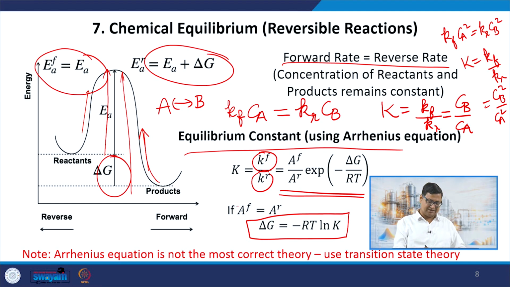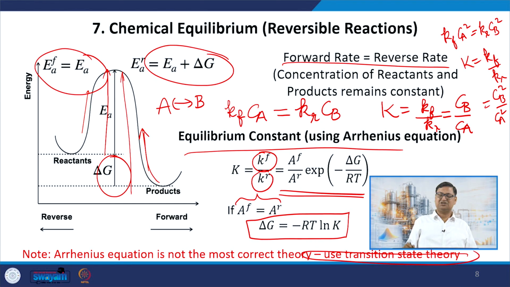You may find this a bit arbitrary, because A going to B and B going to A are two different reactions. There is no particular reason why the pre-exponential factor has to be the same in both these cases. In fact, it is not the same, but the problem is that we are using a wrong theory in the first place. The Arrhenius equation is not the most correct theory.